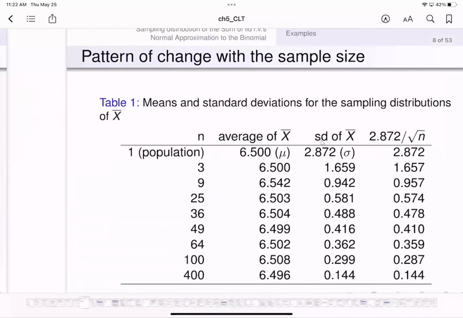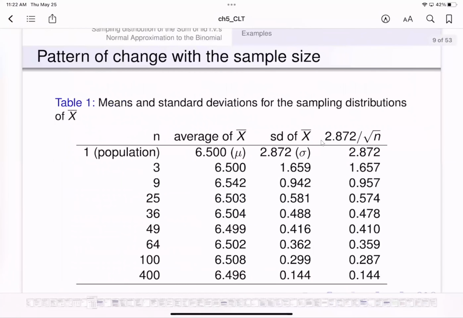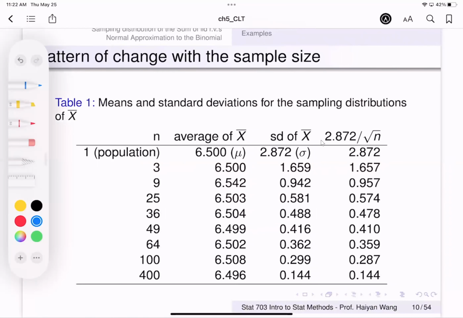So, how do the mean and standard deviation of the averages actually behave? This is a table of the different sample sizes, the averages from the samples, and also the standard deviations. This is the average from the 1,000 samples out of the experiment: 6.5, 6.54, and so on.